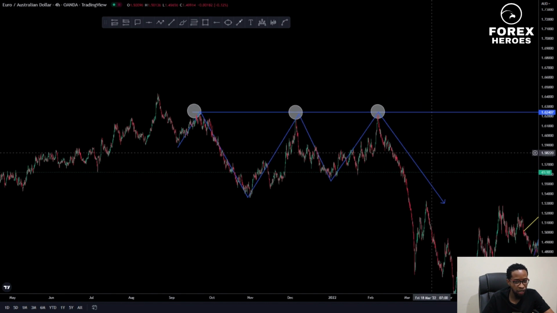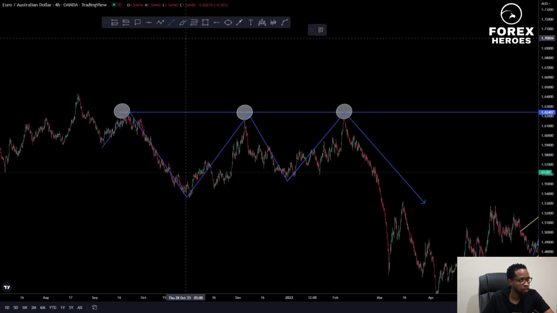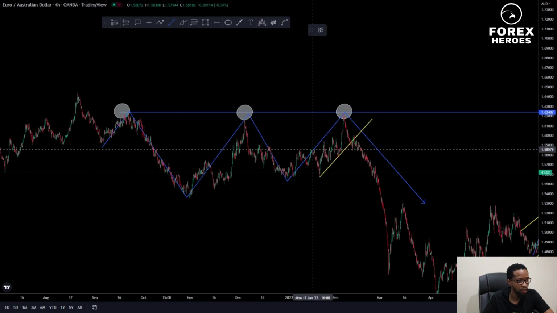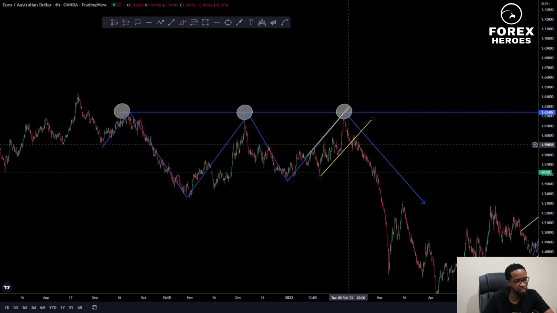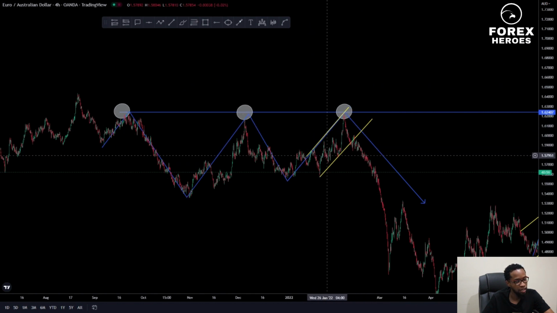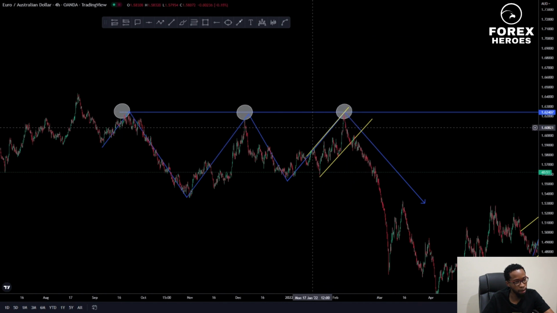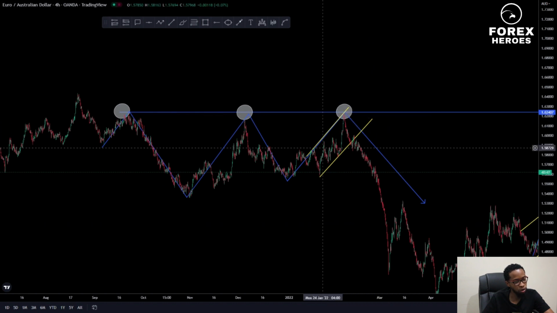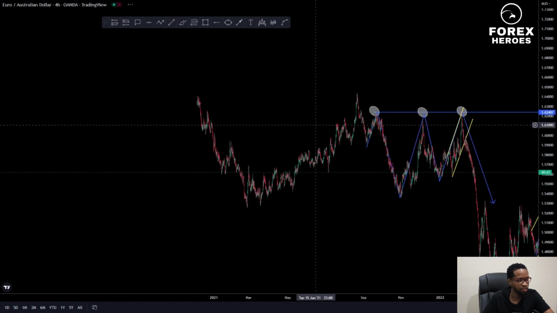And when we are identifying this, we'll further identify patterns within pattern, showing us an indication that yes, indeed, we are in a bullish channel, but then it broke, so we are preparing ourselves to go to the downside. As you can see, this one, it's happening closer or at the resistance.